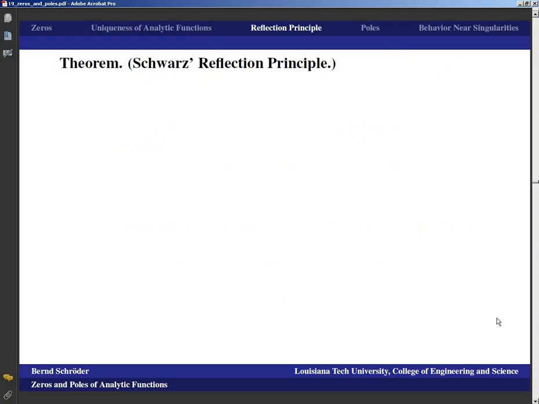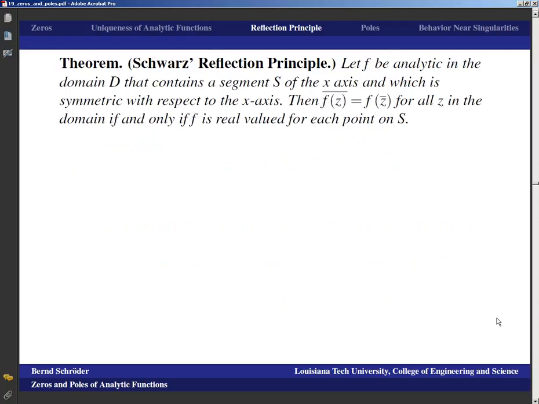Okay, so the Schwarz reflection principle can be seen in light of this remark that I made earlier, that we're often interested in functions on the real line which take real values.